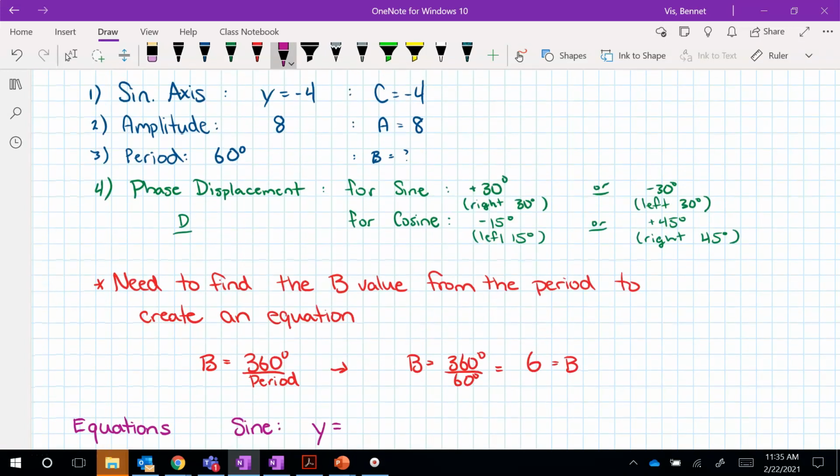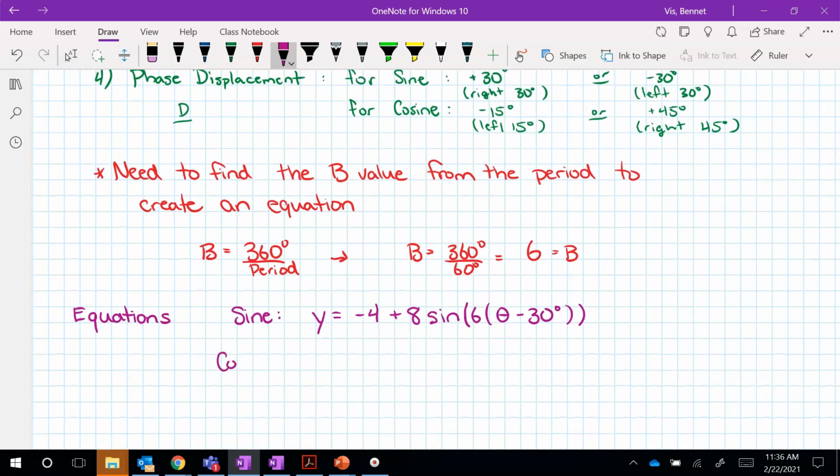My c value was -4, plus my a value is 8. I'm doing the sine function of my b value is 6, and it's going to be theta minus the phase displacement. So I could do theta minus 30 here. That would be one equation.